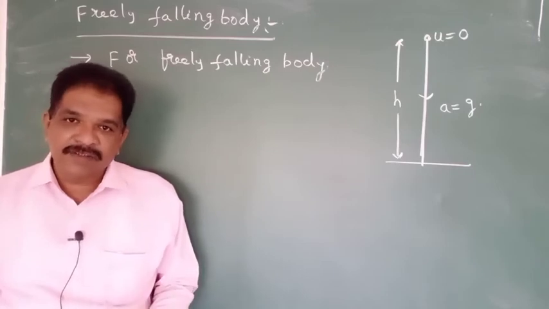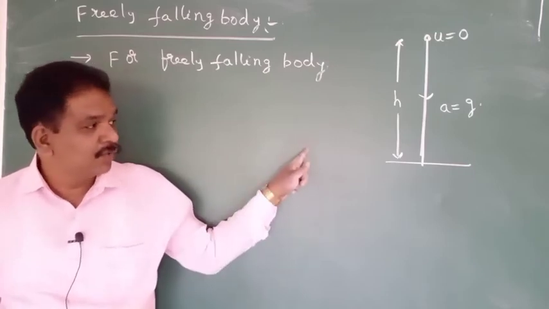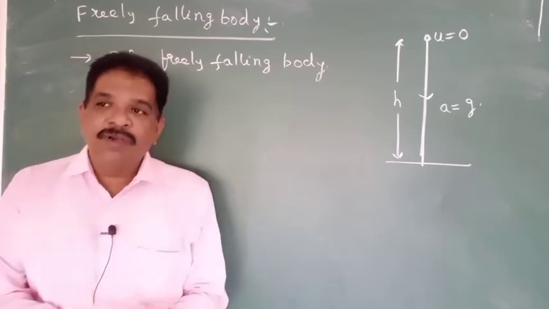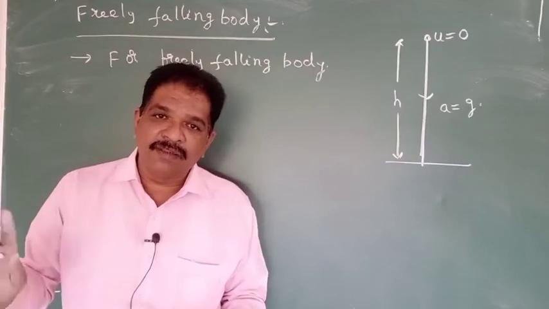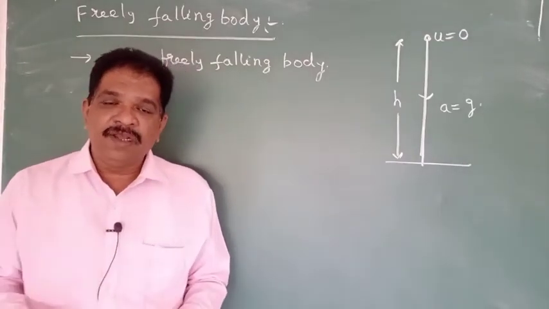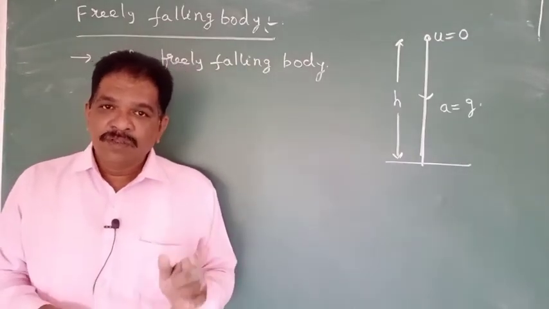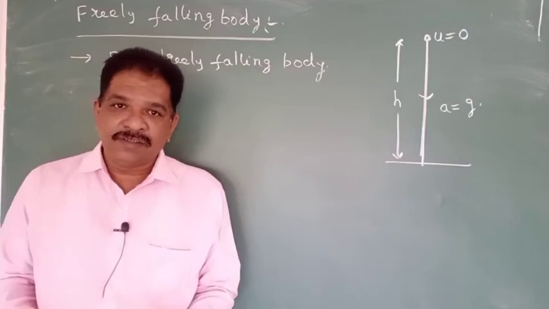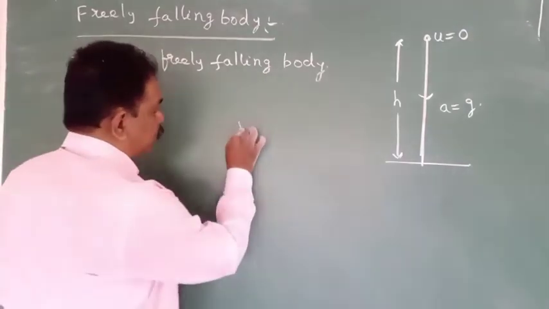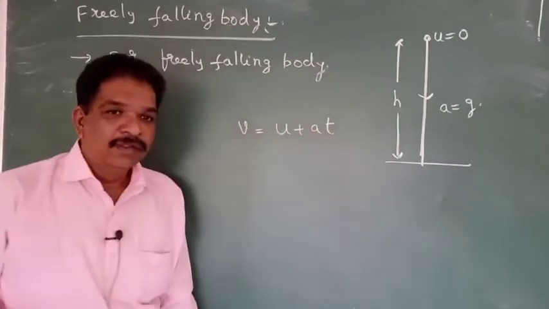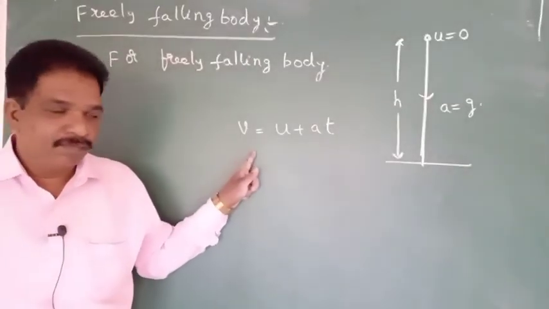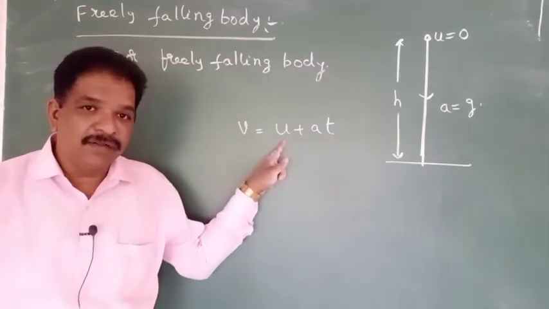What is the strategy? Take horizontal motion. How many formulas are there? You write them down on paper. You mug up all the formulas and learn the terminology. V is equal to u plus at. This is the formula. What is u here?